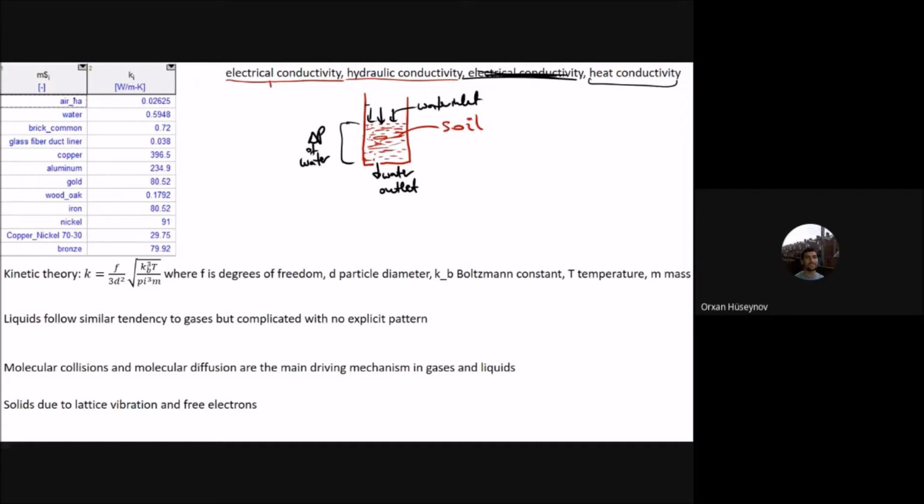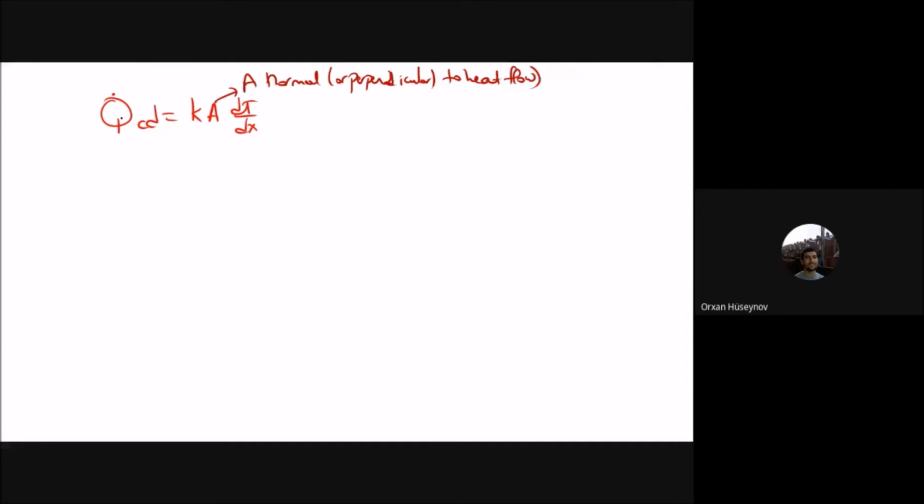So for air, this conduction coefficient is small. You can see it is 0.026, and its unit is watt per meter Kelvin. You can determine its unit from this equation: Q dot has a unit of watt, and the area has a unit of meter squared. dT by dx, you can think of as delta T, with a unit of Kelvin, or it can be degrees Celsius, it doesn't matter, divided by the meter.